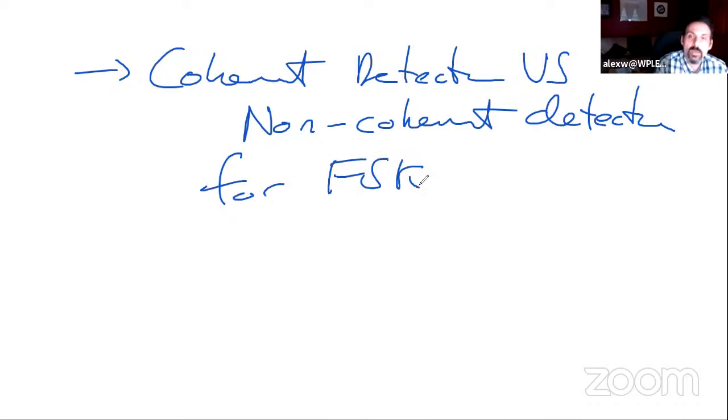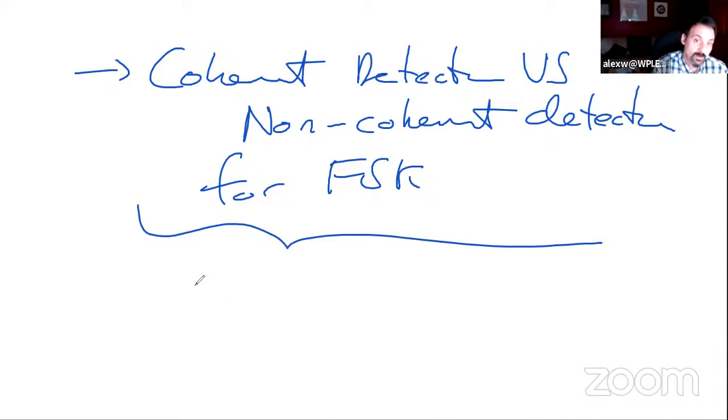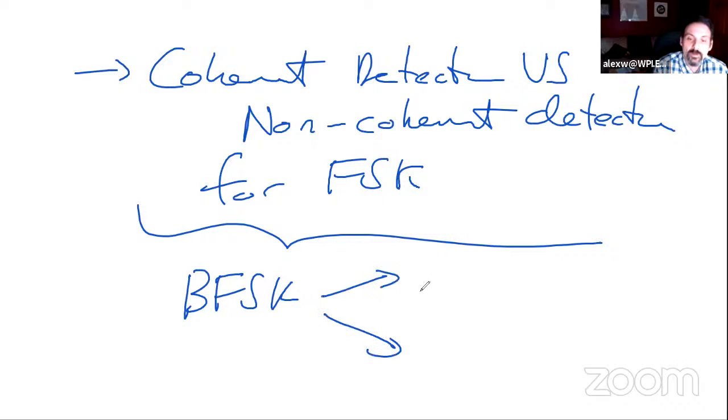So again, what we need, if for instance we had binary FSK, is something that would be able to extract whether it's F1 or F2 that has been communicated in the transmission. So we need one of two possible receiver structures.